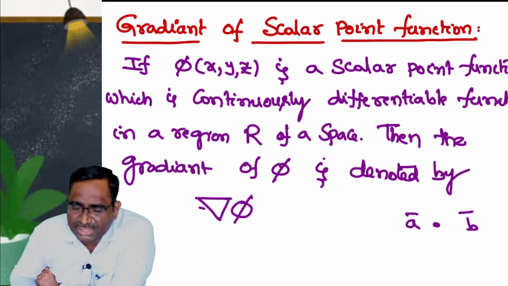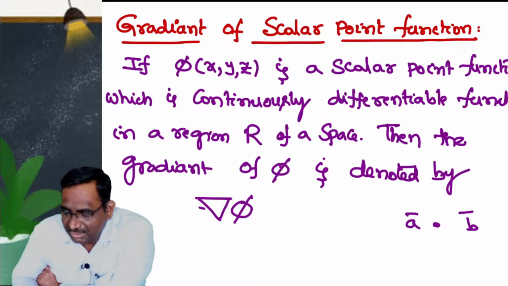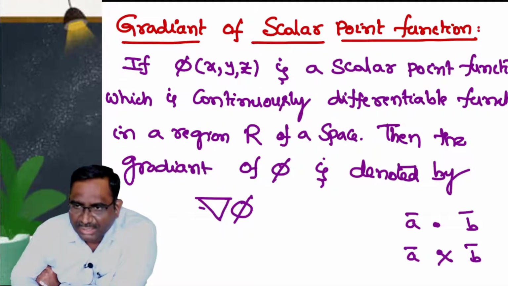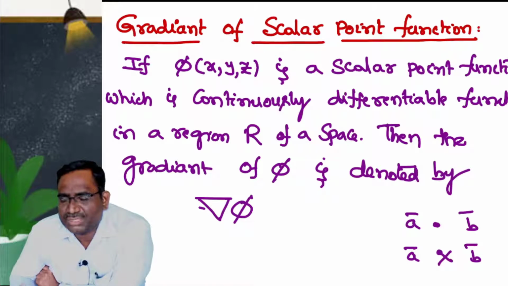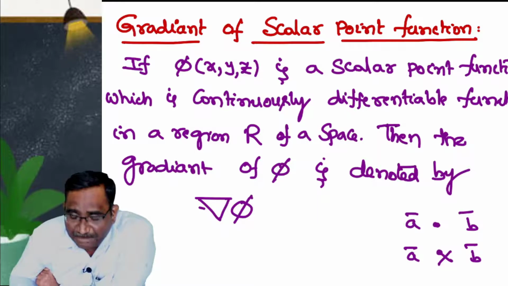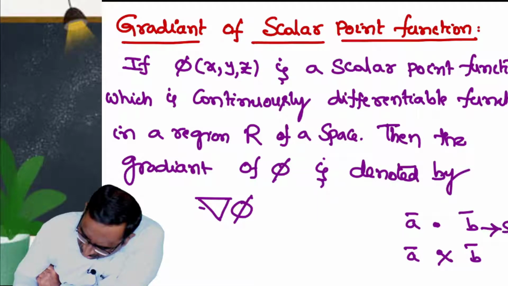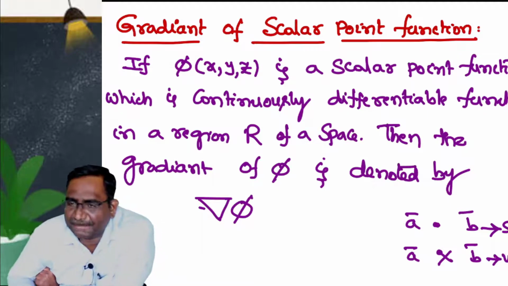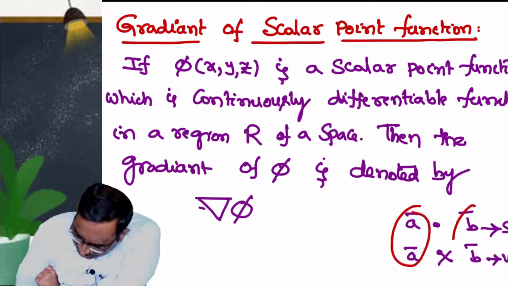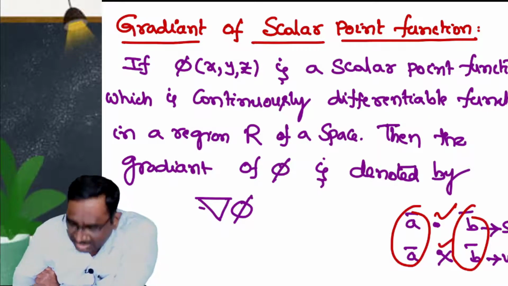Modulus of A bar, modulus of B bar cos theta. So, finally, we are going to get a scalar. When we take a cross product, then we get a vector, modulus of A bar, modulus of B bar sin theta into unit vector n cap. So, the dot product always gives us a scalar, the cross product always gives us a vector. So, in between two vectors, we can apply a dot product or a cross product.